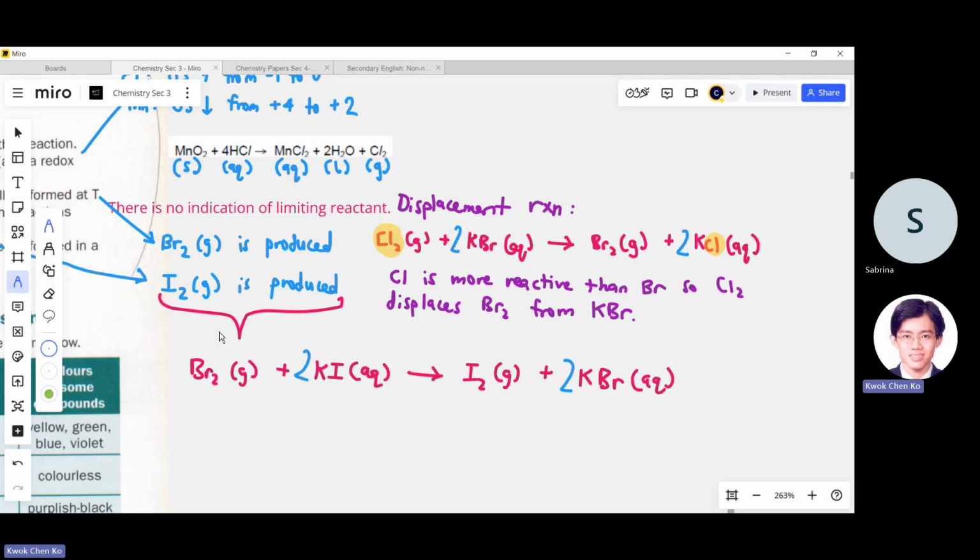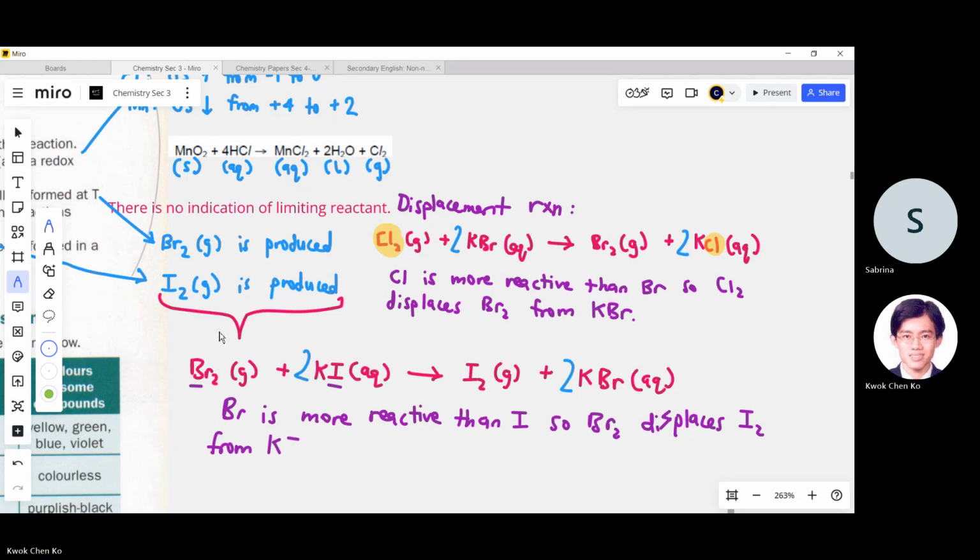I just use exactly the same words, except in this case, I'm interested in Br versus I. Br is more reactive than I. So Br2 displaces I2 from KI. Yeah, that's all.